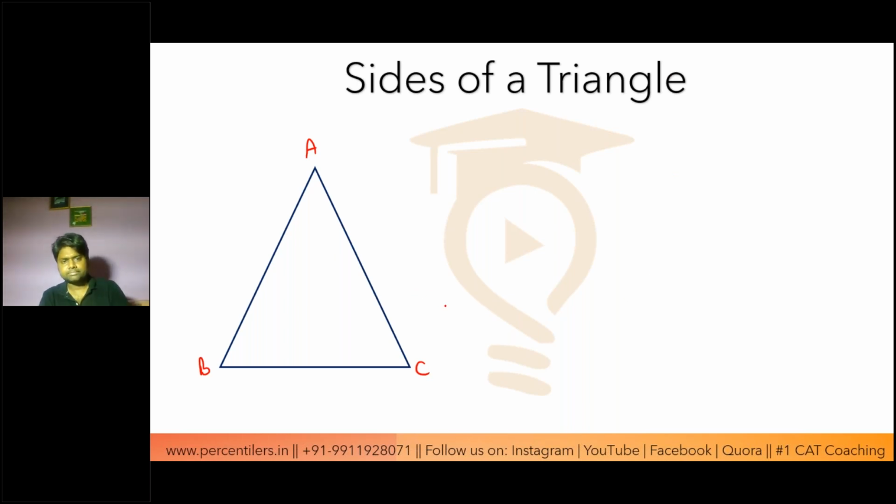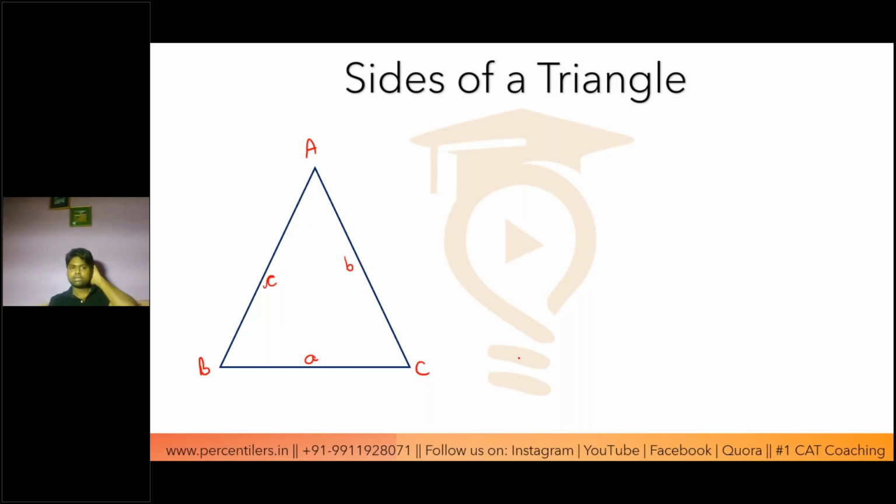So it's a custom that the side opposite to vertex A is small a, the length. Side opposite to vertex B is small b, opposite to vertex C is small c.